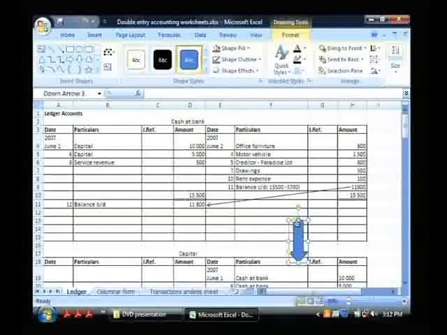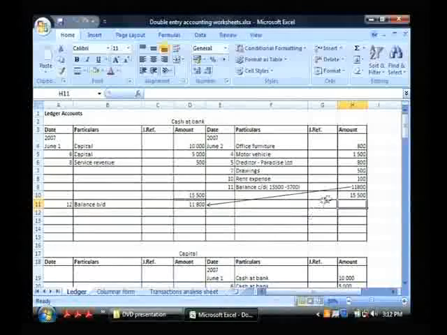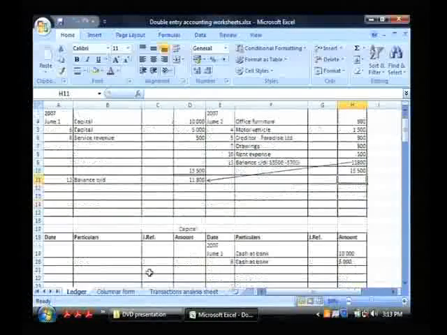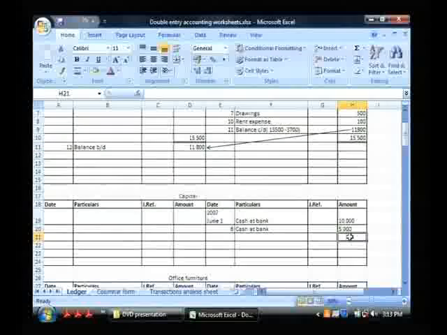So that is the balancing procedure. For all the accounts you can follow the same procedure.